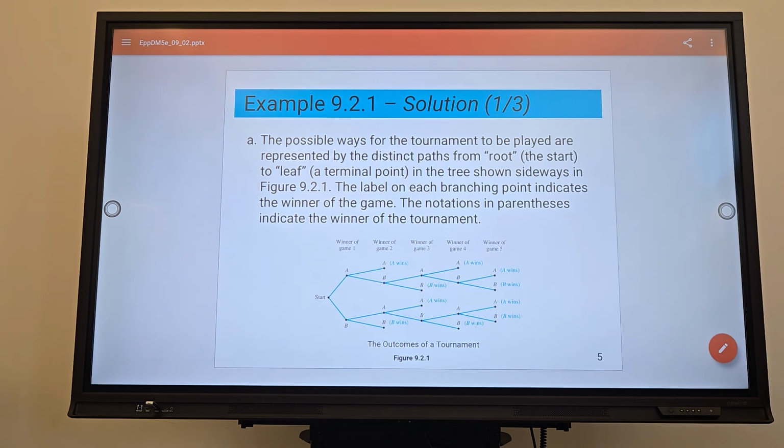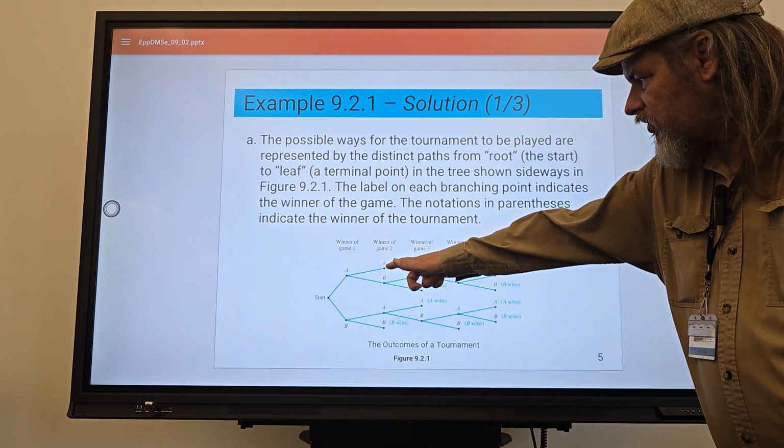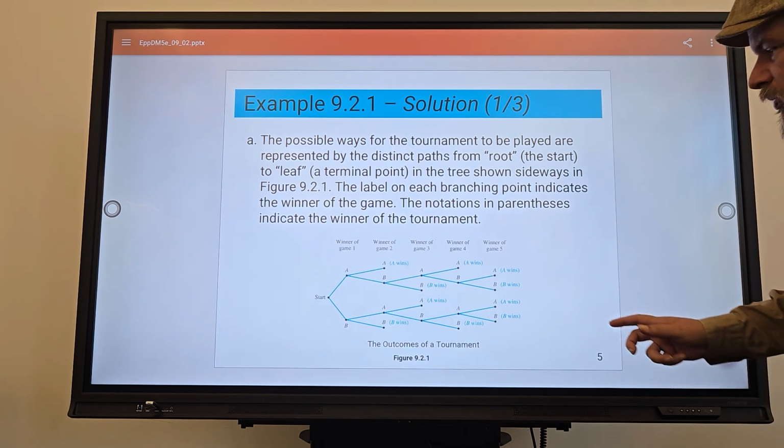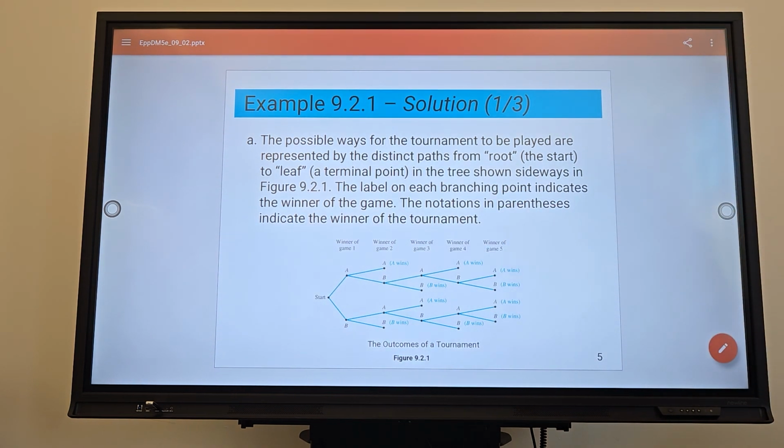A terminating leaf indicates an end to the tournament, and these are the different possibilities for how the tournament can play out.